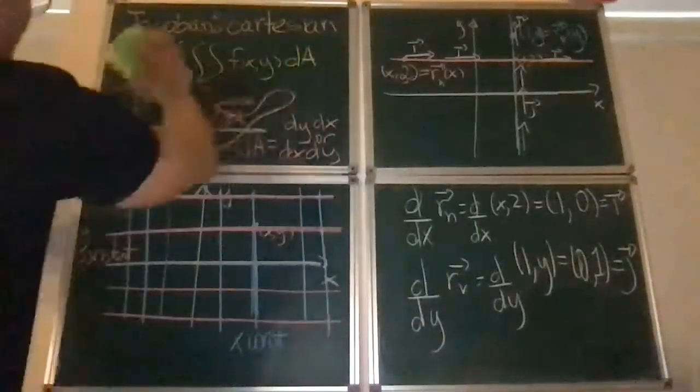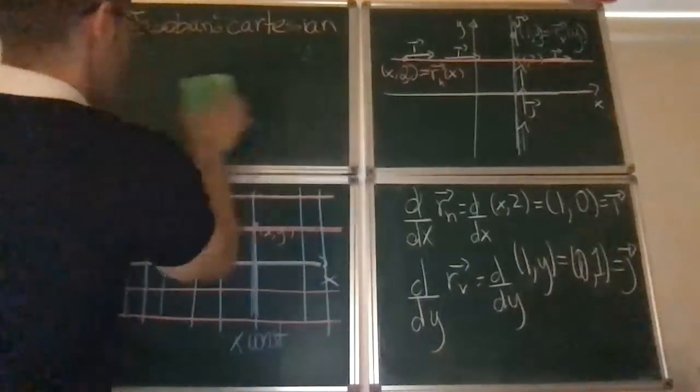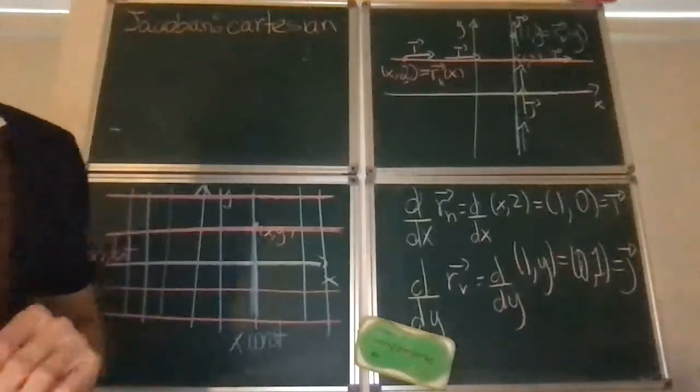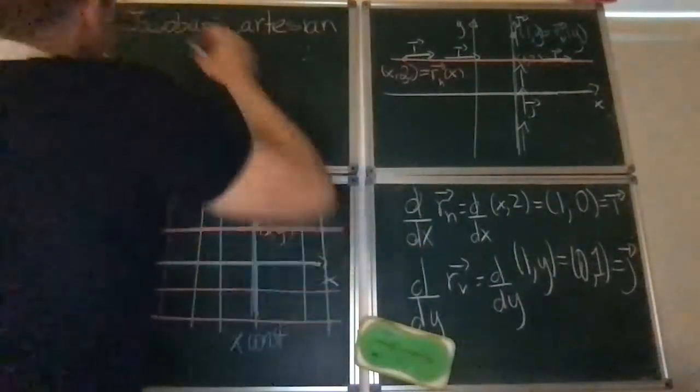Now remember, this is the key formula: displacement is velocity times time.